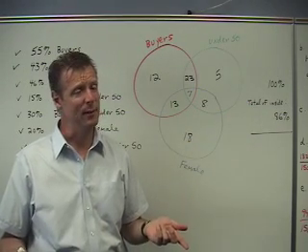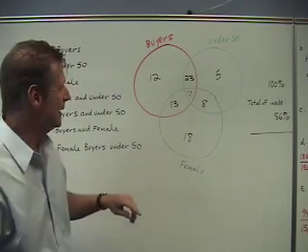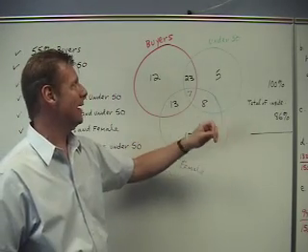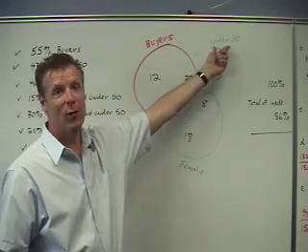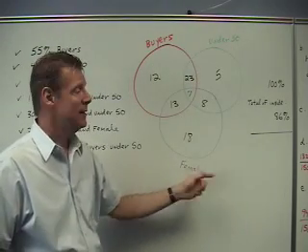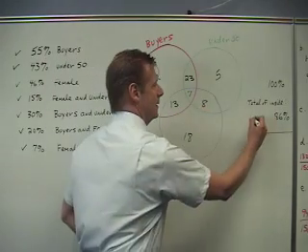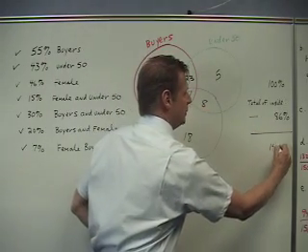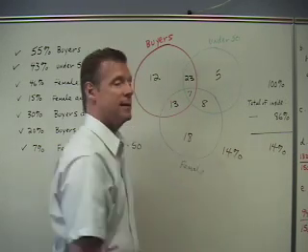Well, it's possible, but I think we did a good job on this one. What really happened is that there's still people on the outside. Of course, you may not be a buyer, you may be 50 or over, and you might be a male. So the people on the outside would be 100 minus 86, and that leaves us with 14%. So on the outside here, we have another 14%.